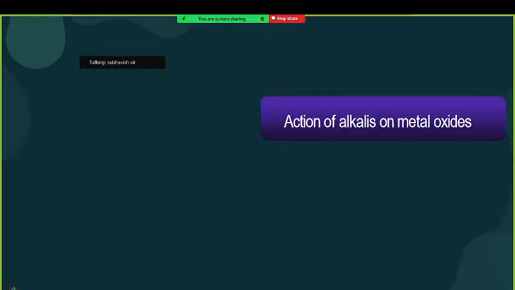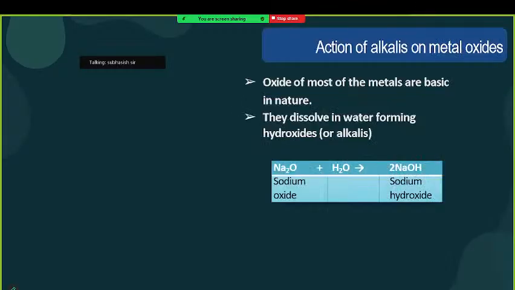Again, some alkalis react with metal oxides. Most metal oxides are basic in nature. Like sodium oxide, when dissolved in water, produces sodium hydroxide. So this sodium hydroxide is soluble in water and forms an alkali.